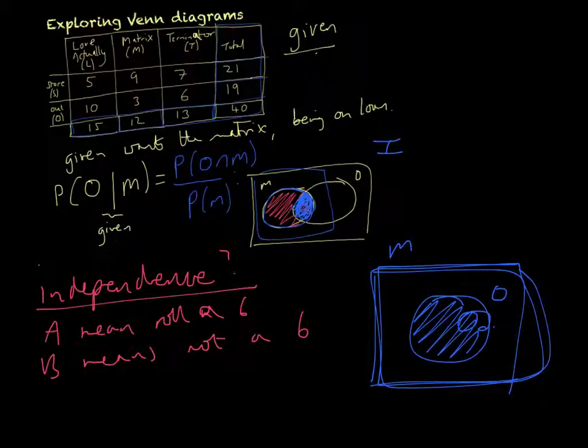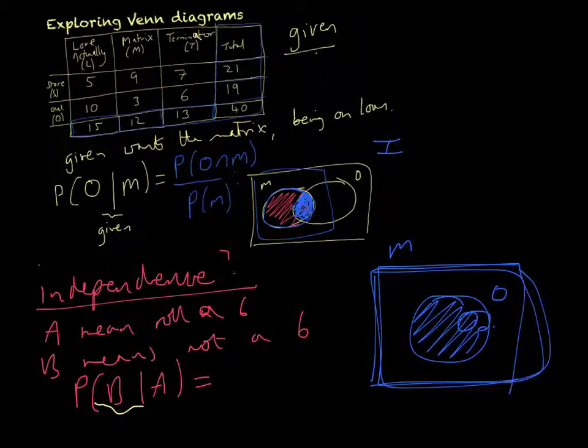Well, that means that given that I've rolled a 6 on the first roll, does that affect me not rolling a 6 on the second roll? I.e., given that I rolled a 6 on the first roll, does that affect my probability of rolling a 6 or not rolling a 6 on the second roll?